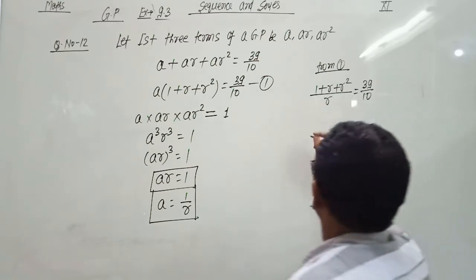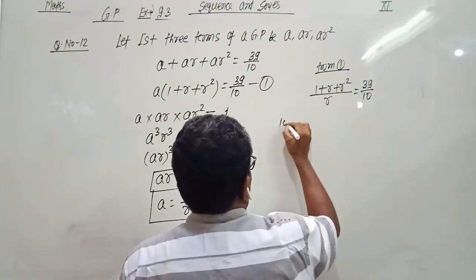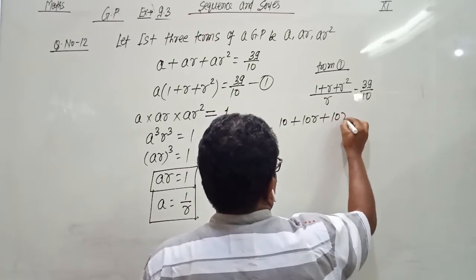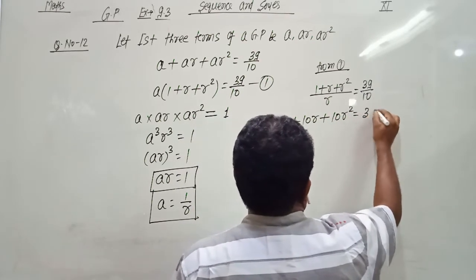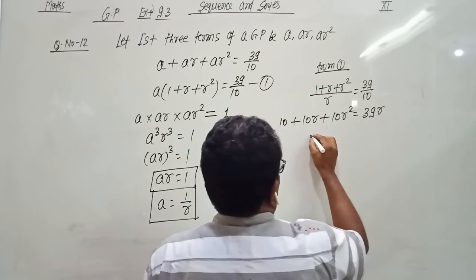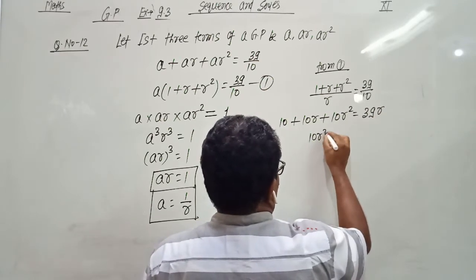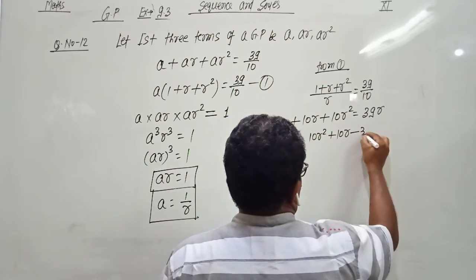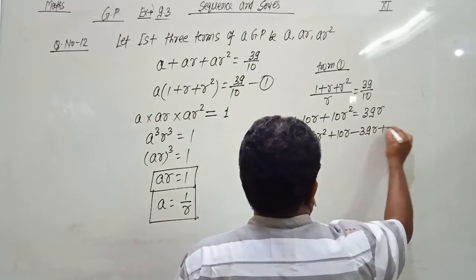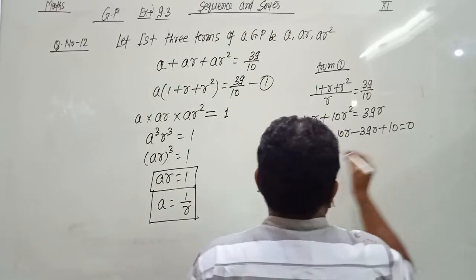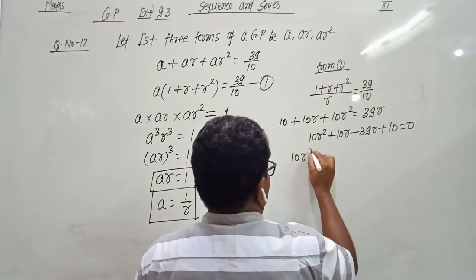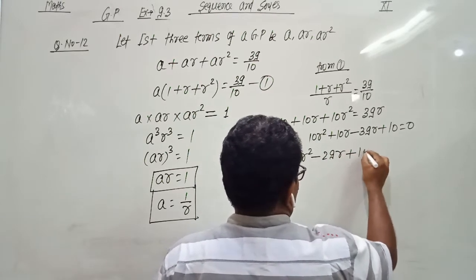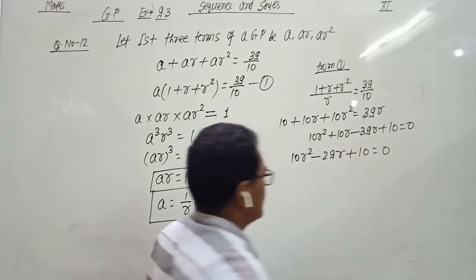So 10 into 1, 10 plus 10R plus 10R square equals 39R, and 10R square plus 10R minus 39R plus 10 equals 0. Then we get 10R square minus 29R plus 10 equals 0.